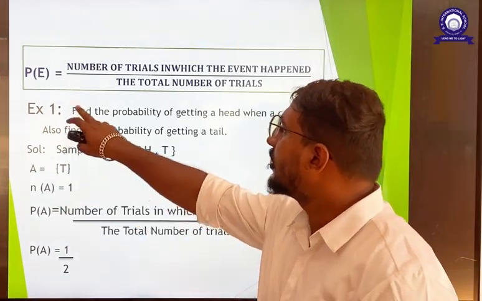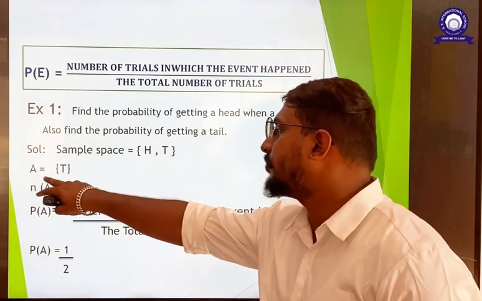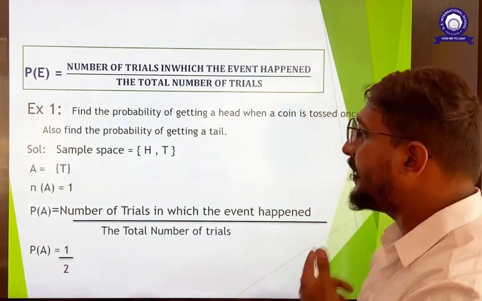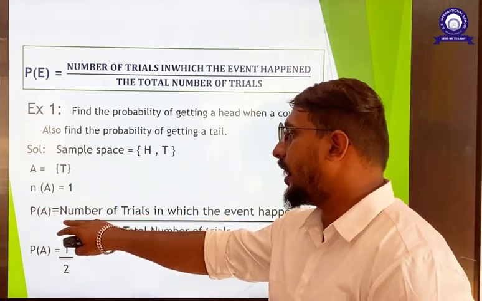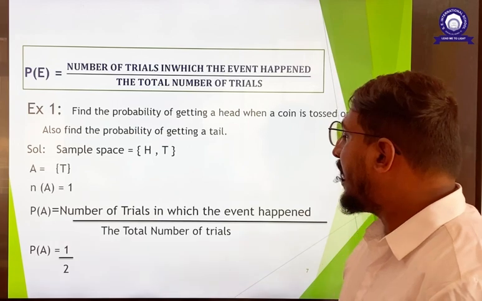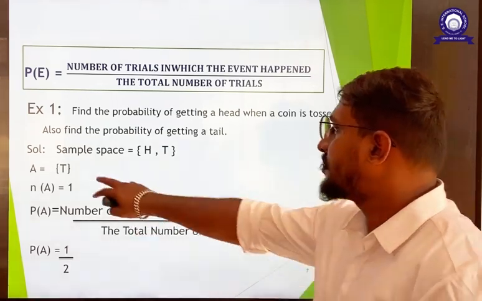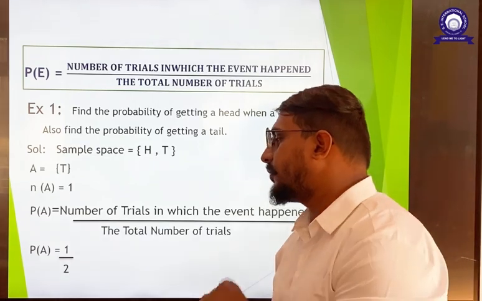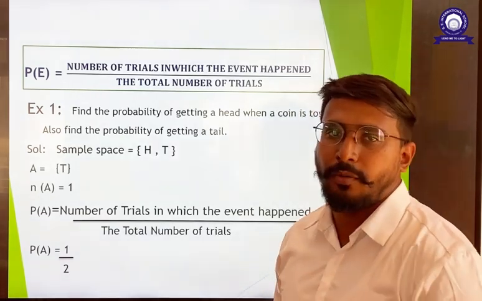You can show the event as A, which is T, as the condition was getting a tail, and the number of A is 1. The formula is probability of A equals the number of trials in which the event happened, divided by the total number of trials, which is your sample space. So probability of A is equal to 1 upon 2.